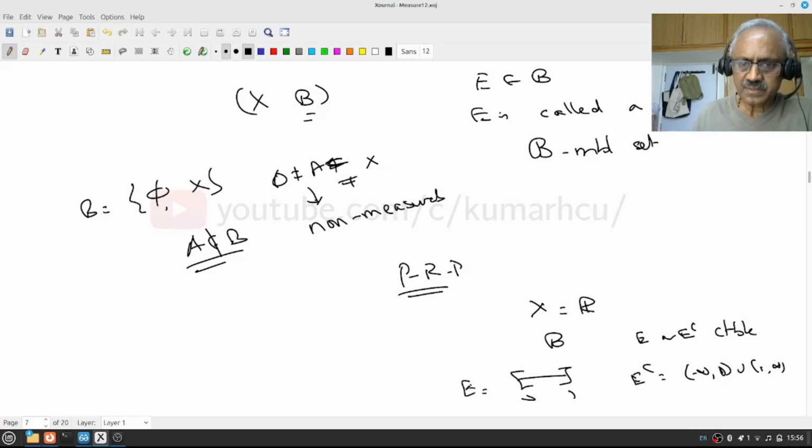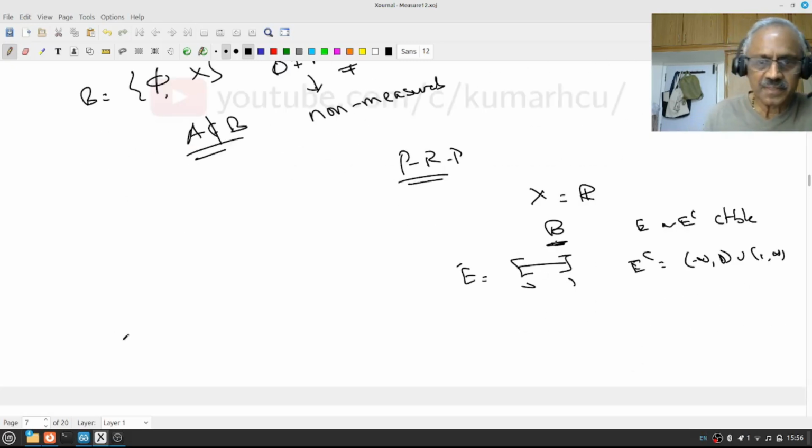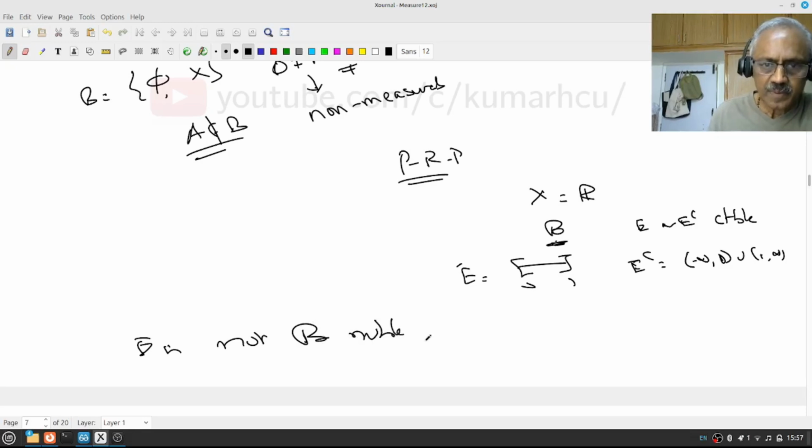You can see E is not countable, E complement is not countable, therefore E is not measurable with respect to this B. Then E is not B-measurable.